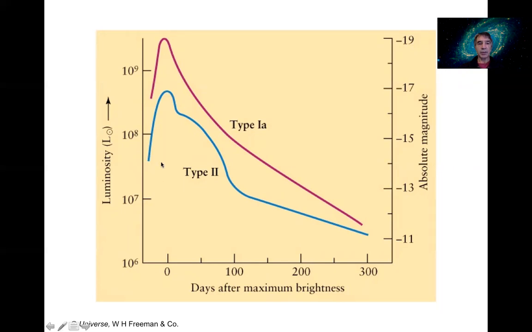It increases by orders of magnitude. Then it will reach a peak brightness, and as the gas starts to expand and cool, it will start to fade again. You can see the different types of supernova have different details on their light curve, but basically, you go up in a few days, and it takes about a year to fade away from the initial explosion. We'll come back to these again later in the module as well.